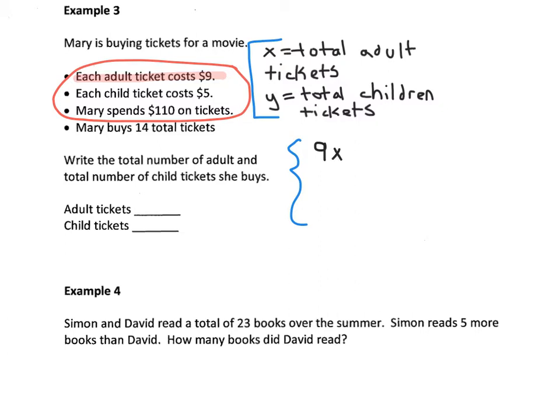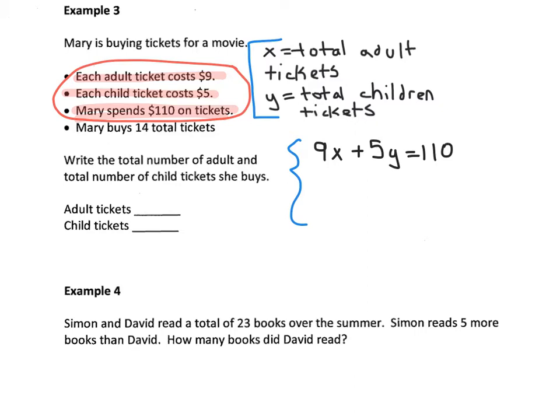The children tickets cost $5 a pop, so that would be plus $5 times the number of children's tickets. And the total amount she spends is $110. So that's our first equation.